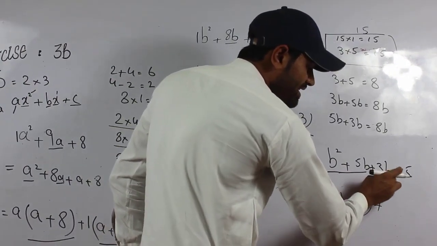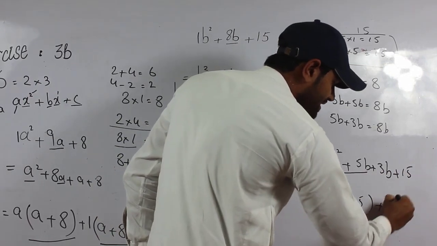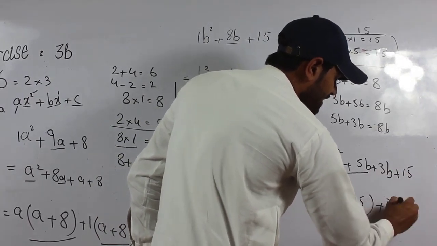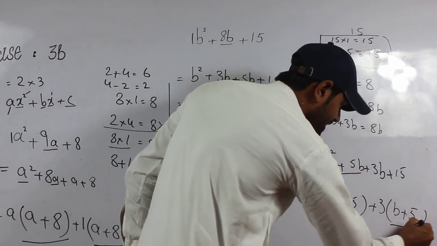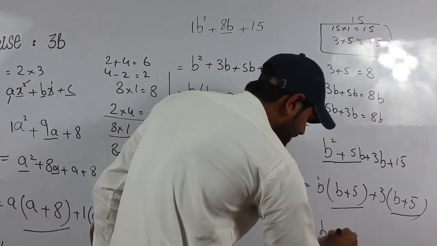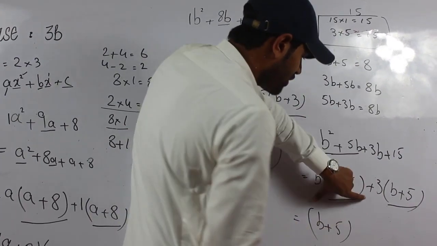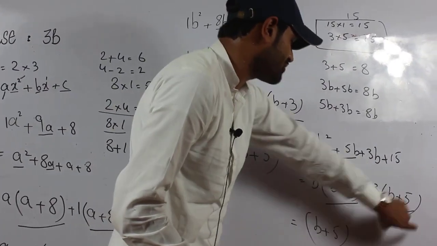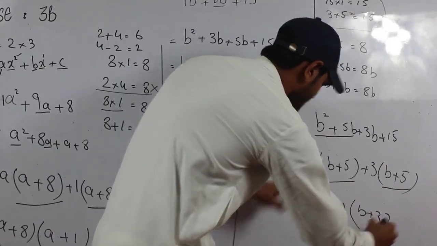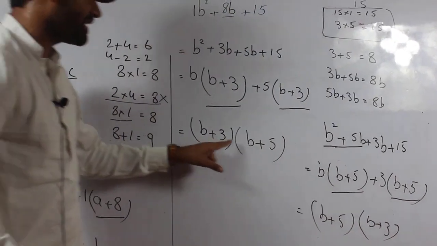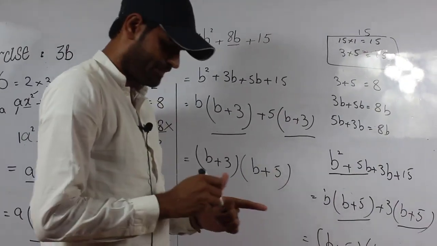Here 3b plus 15, common is 3. 3 cut with 3, b remains, and 3 fives are 15. So again b plus 5 is common in both. Now this is one term and this is the second. So b plus 5 is common, and here b plus 3 is left.